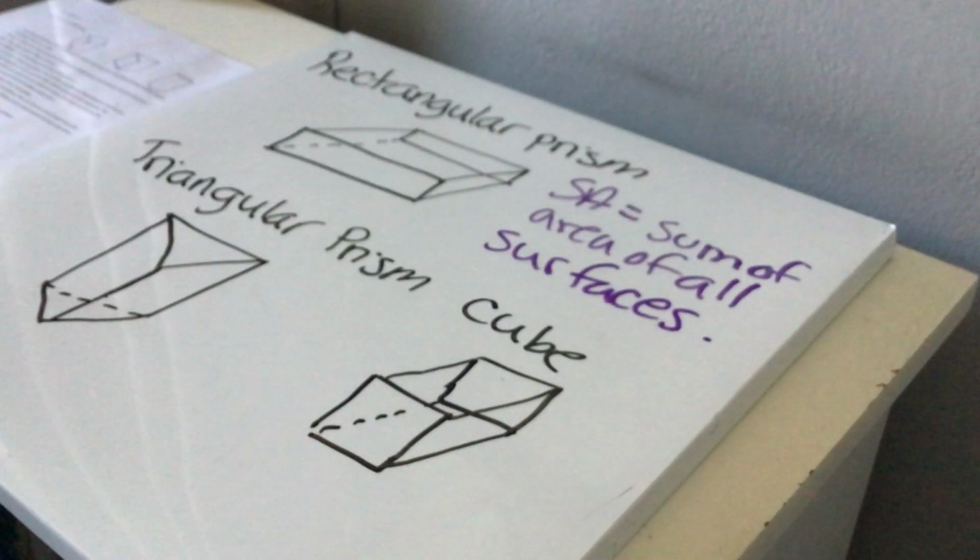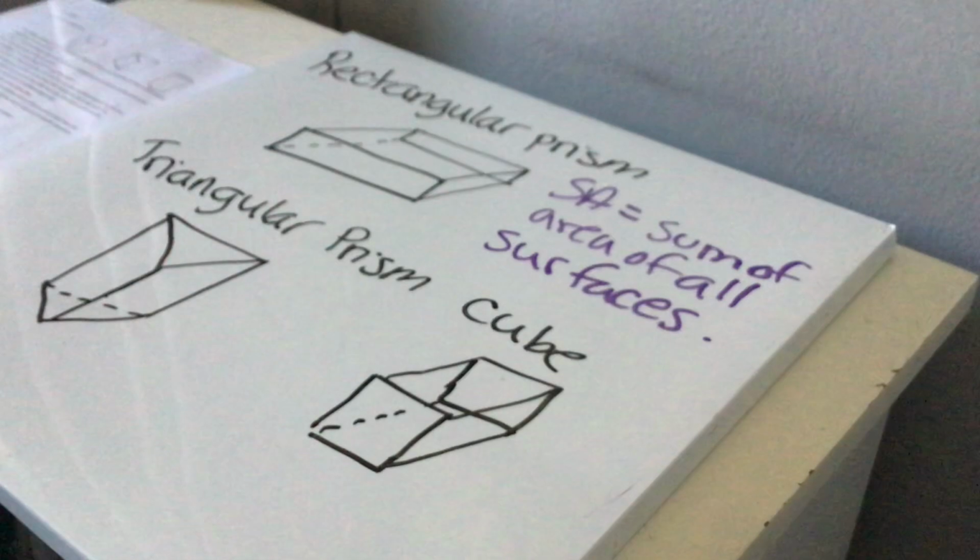To find the surface area, you find the area of each face and then sum all of them. The units are still square units because it still represents area.